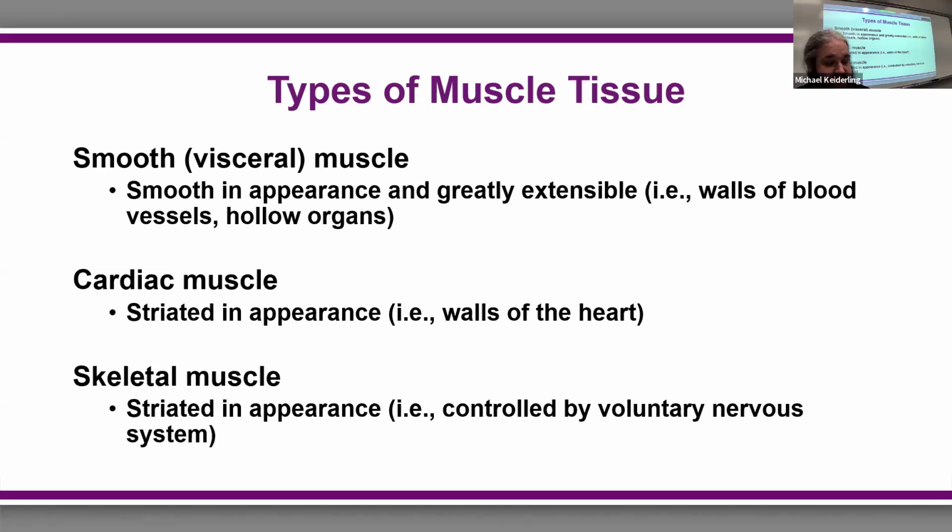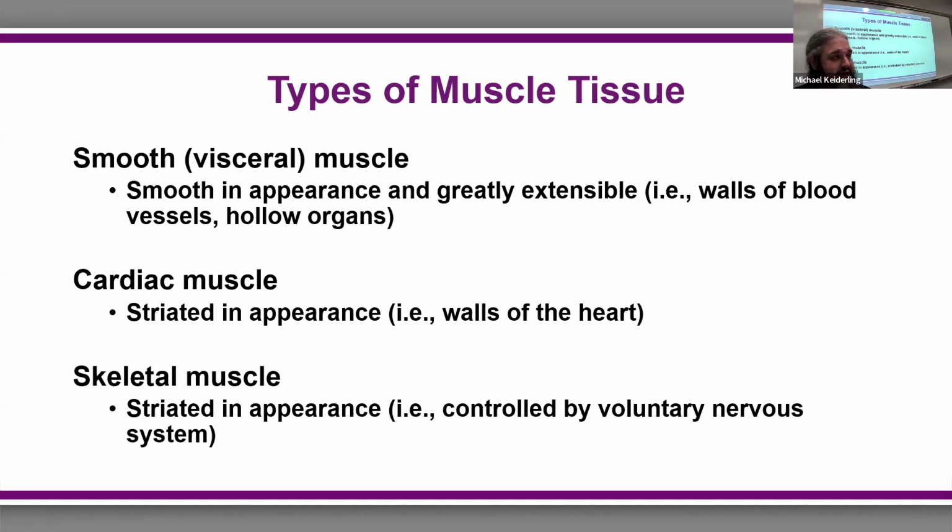Then there is cardiac muscle, which is unique to the heart. It is striated in appearance, and it forms the walls of the heart. It's similar to skeletal muscle in that its structure is not smooth.